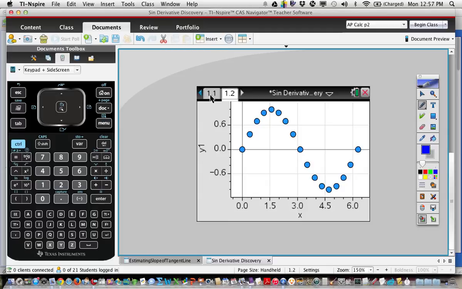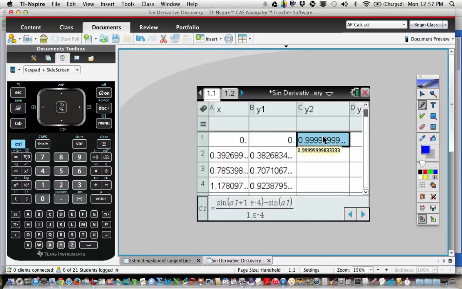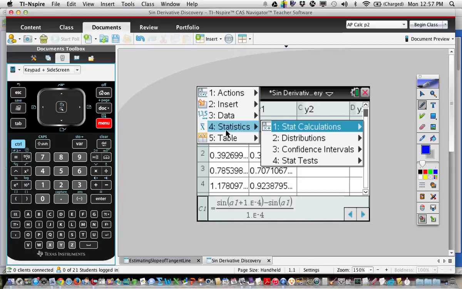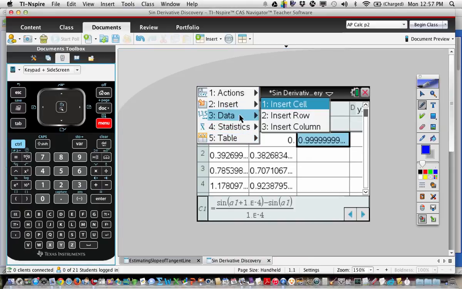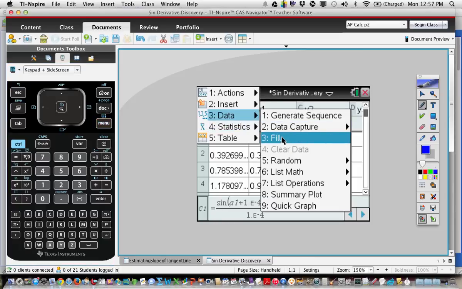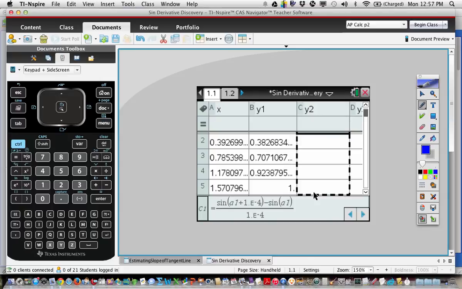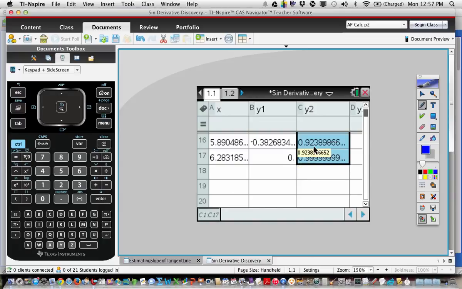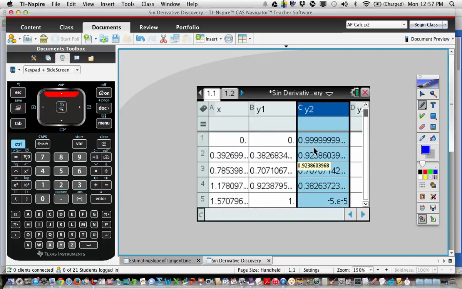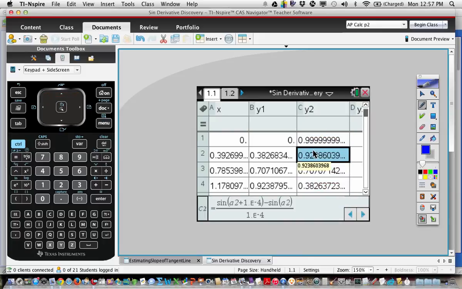Now, the beautiful thing about a spreadsheet is we can just fill down. Under menu, data, fill, I can just take that formula and fill it all the way down. And so what we get, now think about the sine graph.